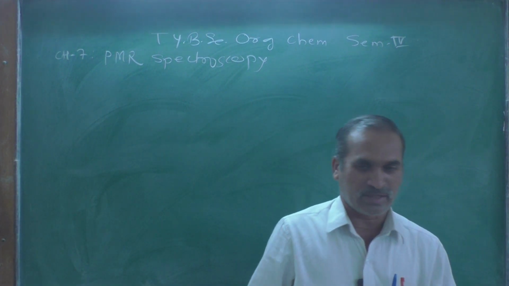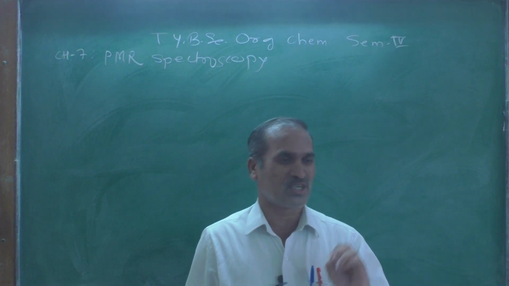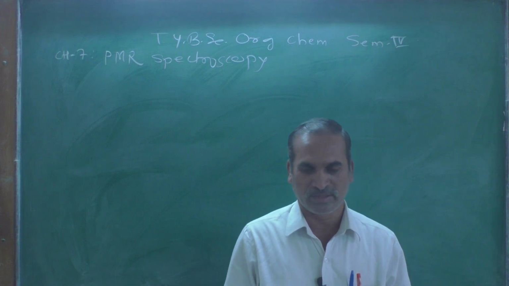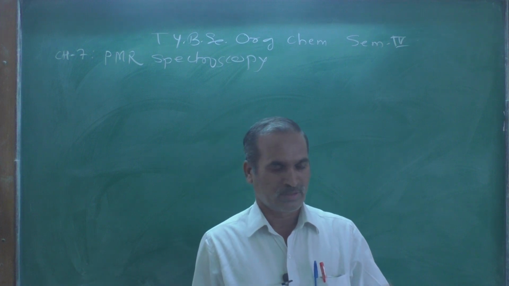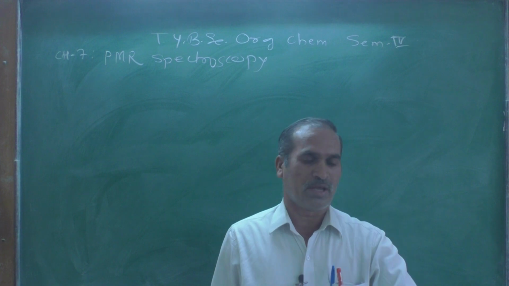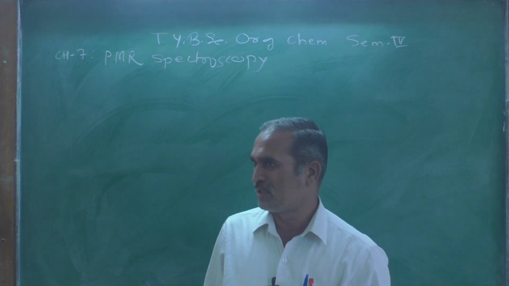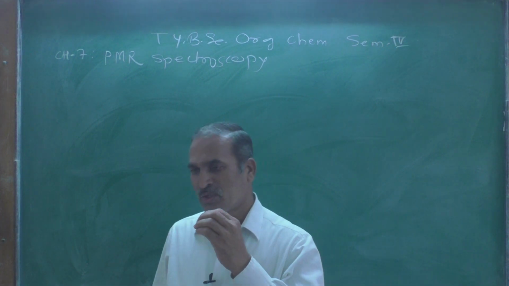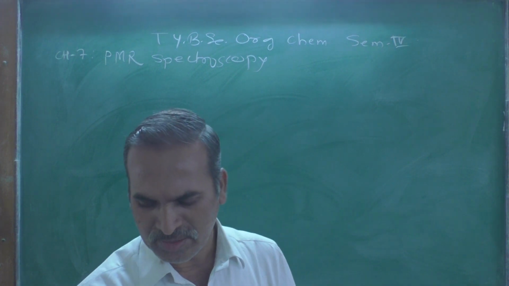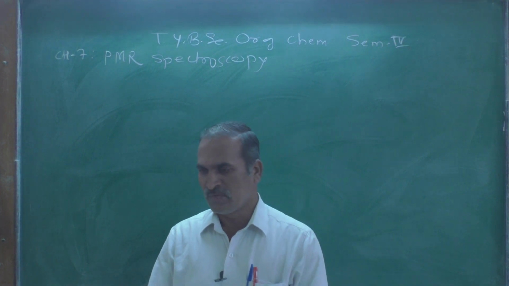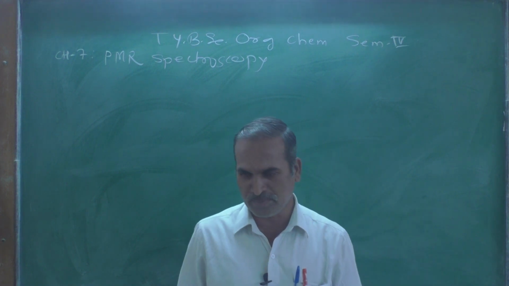As we know, at the beginning, in the chapter Introduction to Spectroscopy, we studied the basic things required, the parameters and the units. We already discussed this very systematically at the beginning of that chapter.